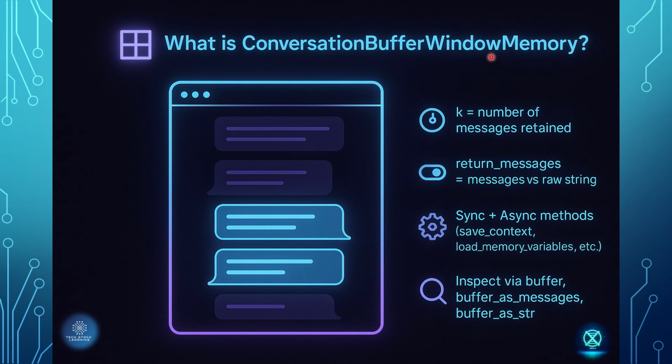The key features include k, which is the number of messages retained, and return messages, which toggles between the message list or the raw string. There are also methods for synchronous and asynchronous operations, like save context, load memory variables, clear, or async save context. Last but not least is buffer inspection, where you can inspect it via buffer, buffer as messages, or buffer as string.